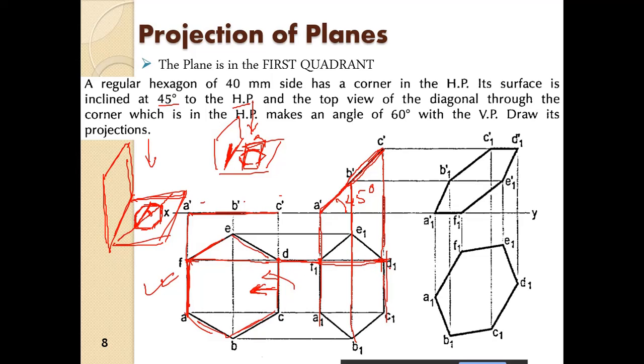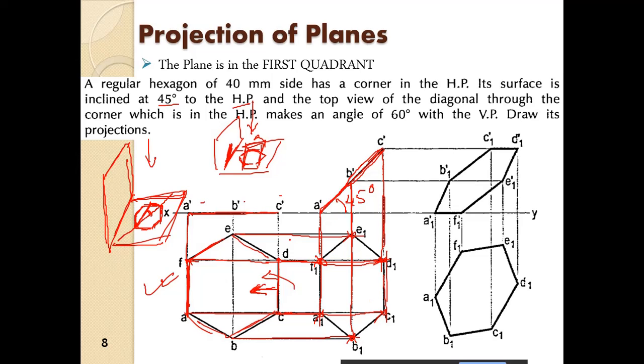Similarly E to E1, and we get this intersection point. All right, then similarly A to A1, C to C1, like B dash to B1 here, and B to B1, and we get these intersection points.